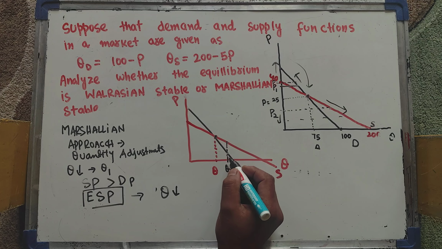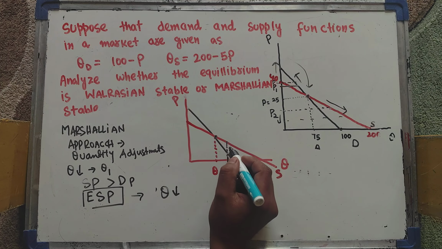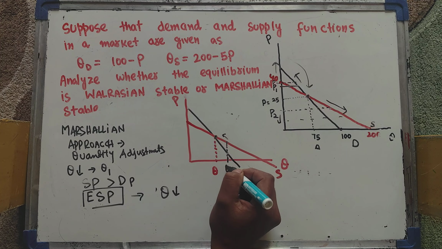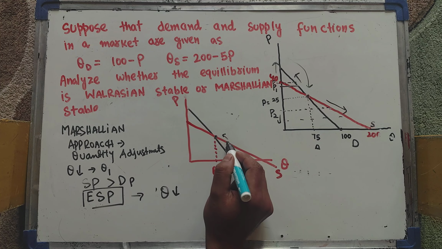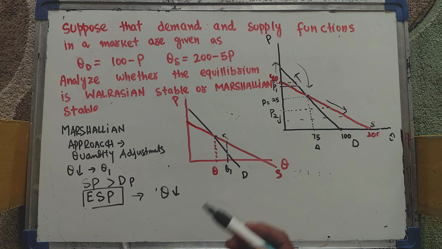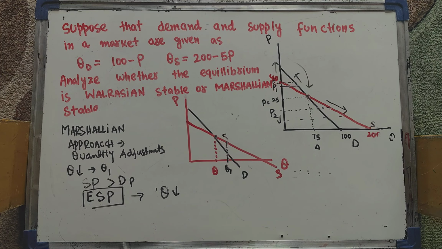So if they decrease the quantity, initially we were at this point, so we will be going in this direction, because here the willingness to pay by the consumers is less than the price they are being charged. So suppliers will decrease the quantity.